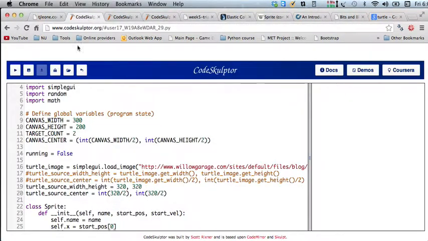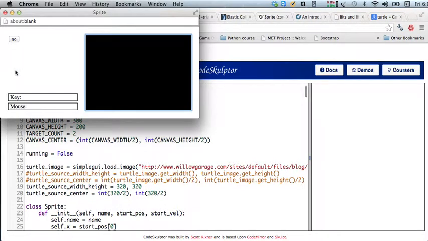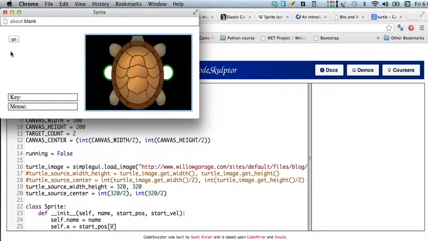So in our last video, we got the image of the turtle showing up, but it's ginormous. So we want to figure out how we can make it smaller and maybe do some other stuff like rotate it and whatnot.